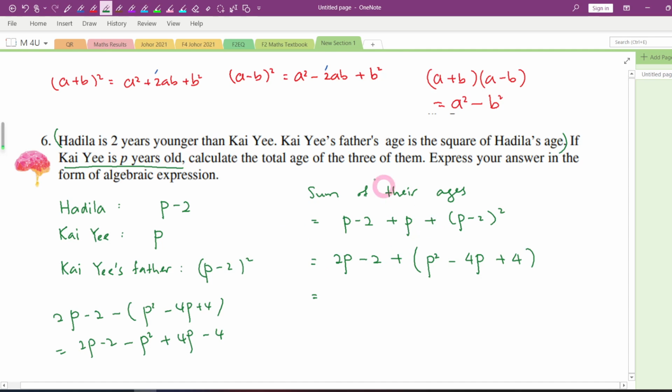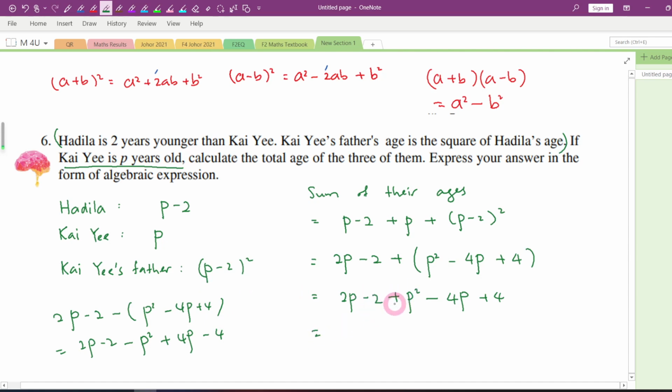If this is positive, actually you don't need to write the parentheses, because after I open up the parentheses, all the signs will be exactly the same. Let me show you here. Positive, positive, you get positive; positive, negative, you get negative; and positive, positive, you get positive. This is what I meant just now. You will get exactly the same signs. But when you have a negative here, definitely you need to put parentheses.